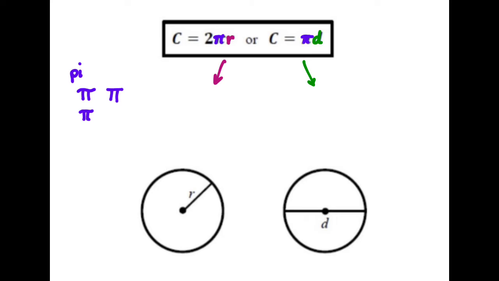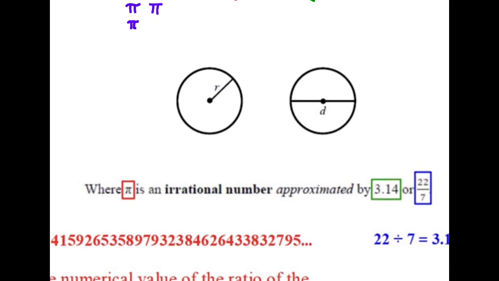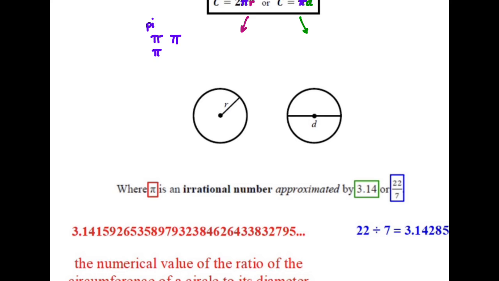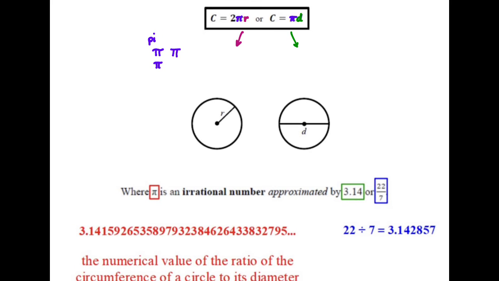Pi is the irrational number that is approximated by 3.14 or 22/7. Where do they come up with these? 22/7, when you divide it, you get 3.142857, and then it continues.